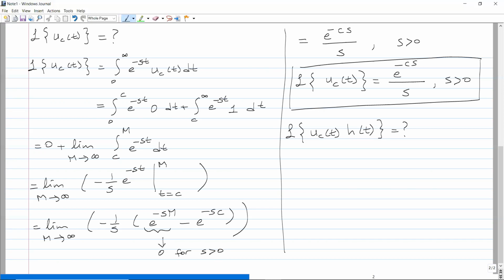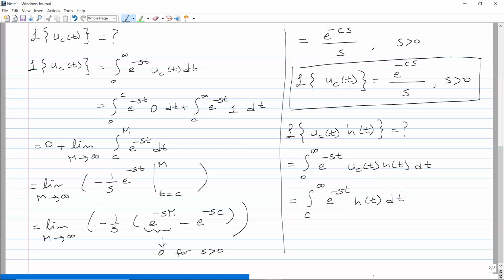If we try to do this, let's use the definition from 0 to infinity, e to the minus st, u_c(t) h(t) dt. So up to c, the step function is 0, so we take only from c to infinity. And from c to infinity, the unit step function is 1. So we have e to the minus st, h(t) dt.